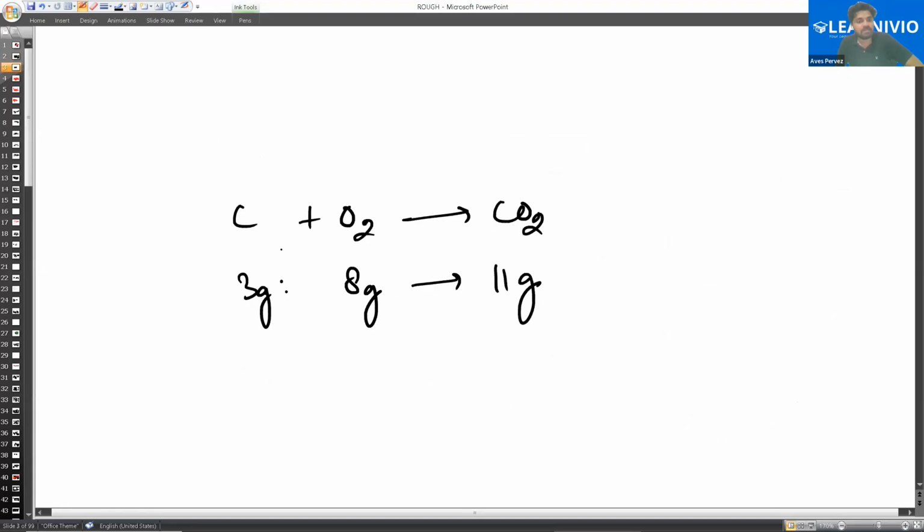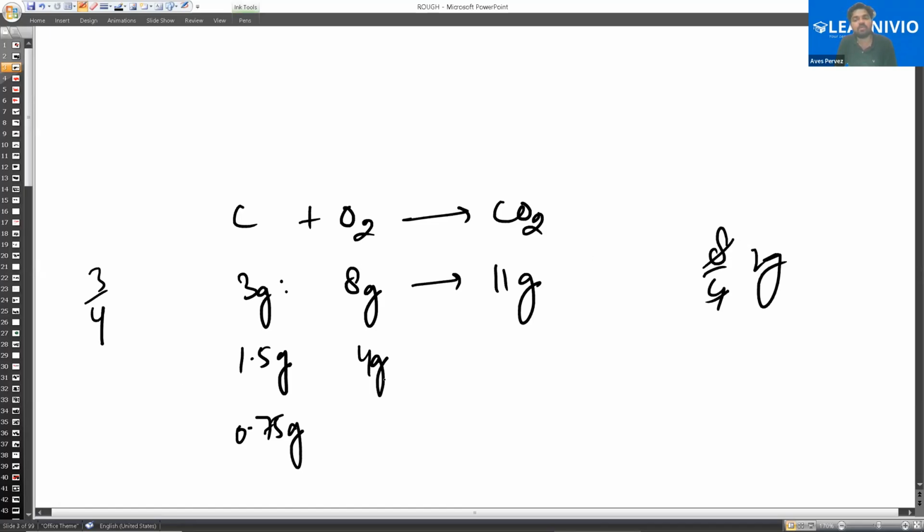But it does not mean that every time you react carbon, you need 3 gram. No. If you have 1.5 gram of carbon, half of 3, then you require half of 8, which is 4 gram. If you have 0.75 gram of carbon, 1/4 of 3, then you need 8 divided by 4, you get only 2 grams of oxygen.